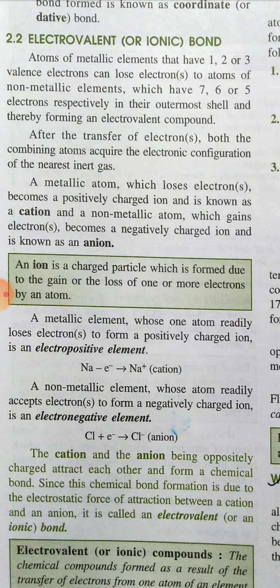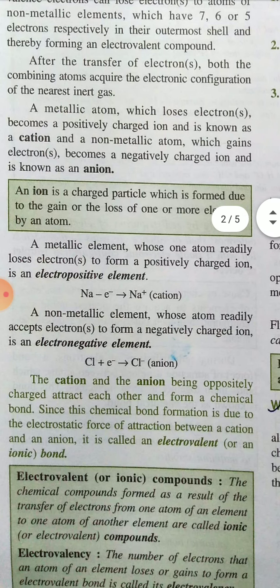So a metallic element whose atom easily loses electrons: if one electron is released, then a monopositive cation will form. If a metal releases two electrons, then a bipositive or bivalent positive cation will form.